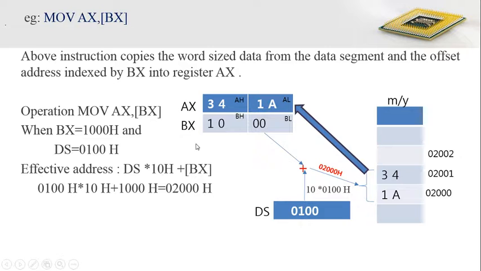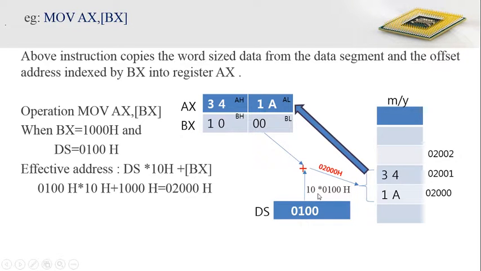For that particular data segment, the starting address is available from this data segment register. So in order to get the exact physical address from the 1 MB memory from where we need to transfer data to register AX, we need to perform all these operations.